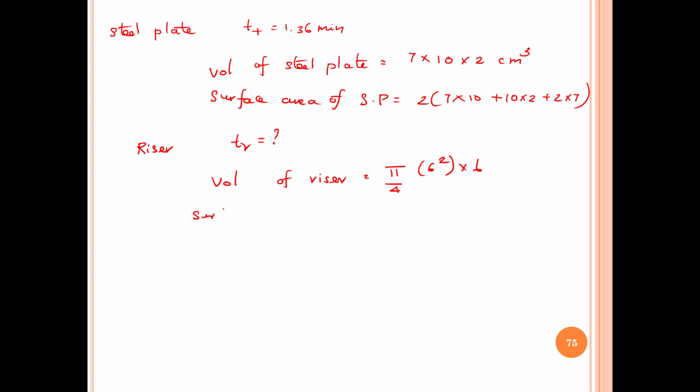Then the surface area of the riser is equal to pi by 4 d square plus pi into 6 into 6, that is 2 pi r into (r plus h). Here I take it as diameter.